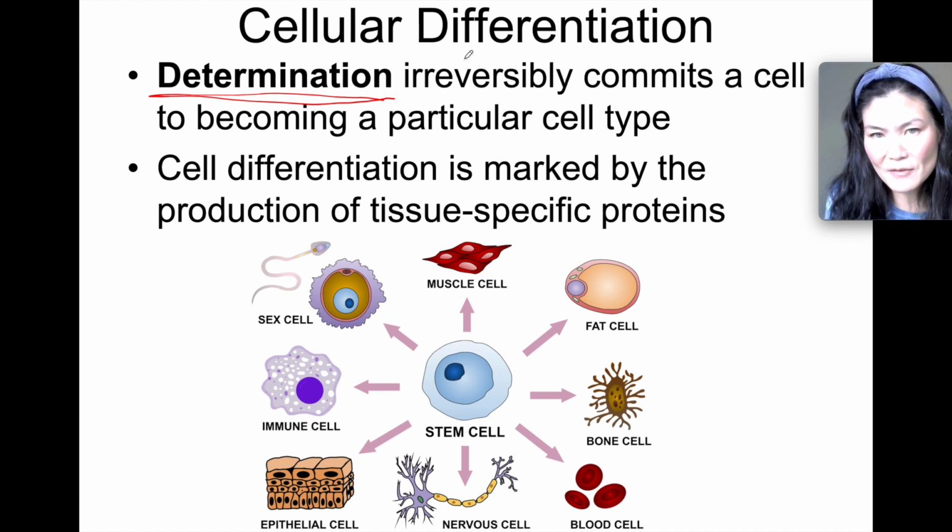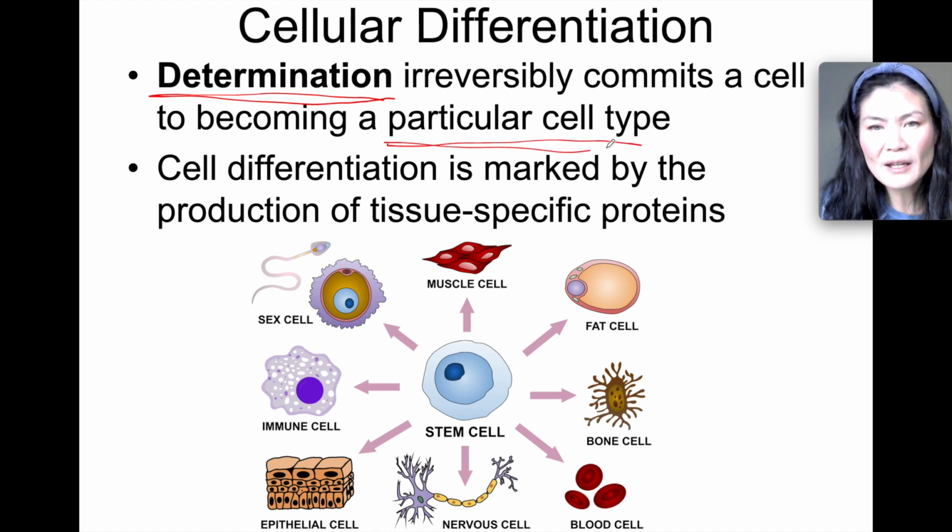That's like differentiation, right? We all get different jobs, different labels. But before you can do that, you have to make that decision. You have to be determined to become a doctor, determined to become a fat cell, a bone cell, a blood cell, etc. Okay? So determination is irreversible. It's when a cell commits to become a particular type of cell.